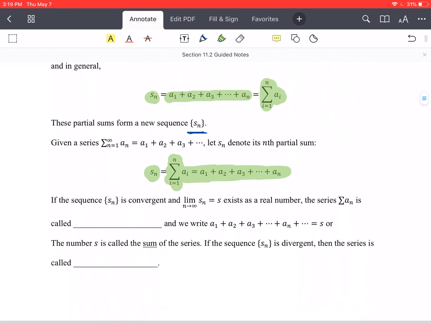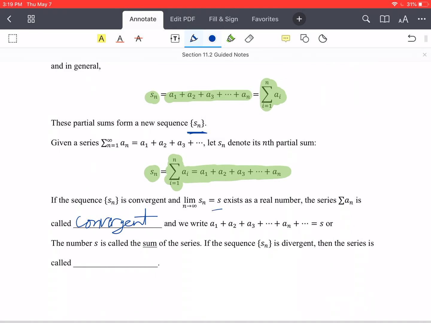Okay. If the sequence of the partial sums is convergent, and the limit, as n goes to infinity, of those partial sums equals s, if that exists as a real number, then we say that the series is called convergent as well. We say it's convergent. So again, if the sequence of partial sums is convergent, that means that the series is convergent.